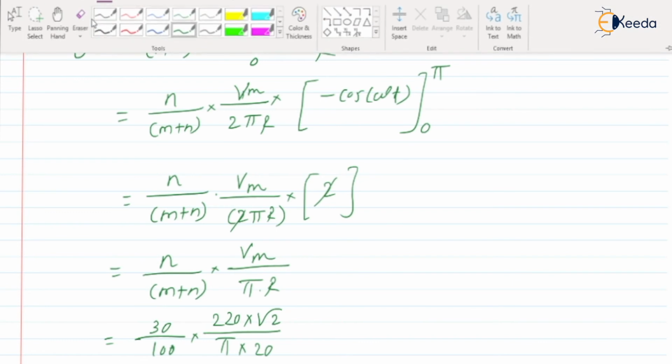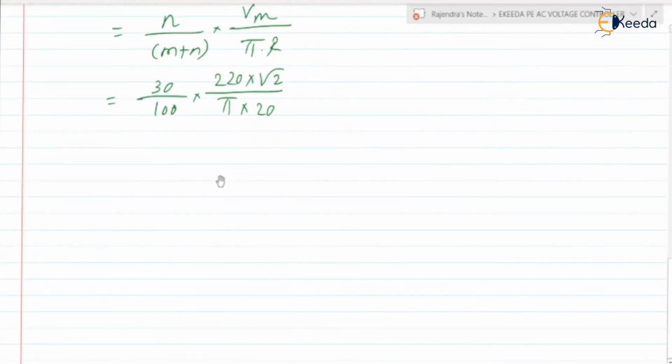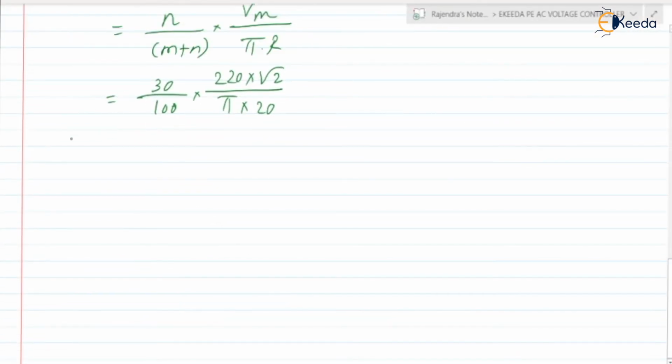Therefore IT1 average is nothing but 30 into 20 divided by 100 into 20 pi, which is 1.49 A. This is the IT1 average we are having.